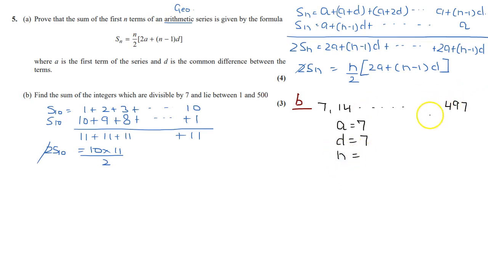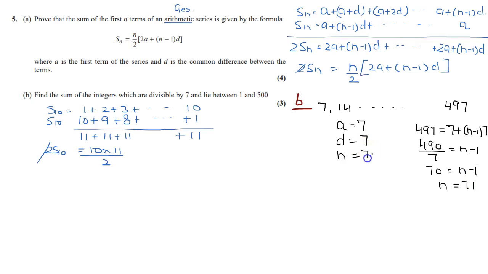And n, how many terms are there? The last term 497 is equal to a plus (n minus 1) times d. So this minus 7 is 490, over 7 is equal to n minus 1. 490 over 7 is 70, equal to n minus 1. So n will be 70 plus 1, 71.